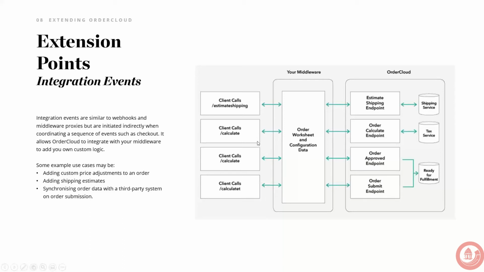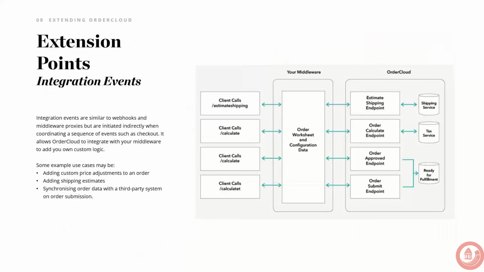As the platform evolves, they're going to add different integration event entry points, so you can customize further parts of the system. Some examples that we see over here are adding a custom price adjustment to an order, adding shipping estimates, or synchronizing order data with third-party systems on order submission, for example, if you want to send it to an ERP. So again, a combination of these three is a pretty powerful mechanism to extend the platform.